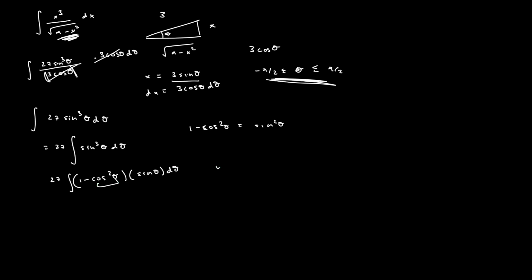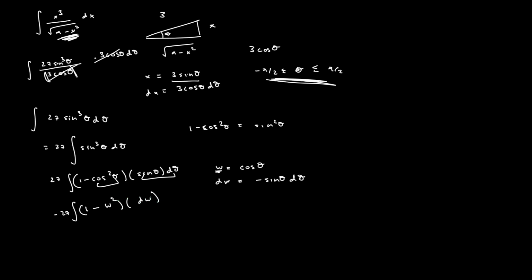If we change the variable, w is equal to cosine theta, then you get dw is equal to minus sine theta d theta. That helps us get rid of this term, and we end up with something like minus 27 times 1 minus w squared dw.